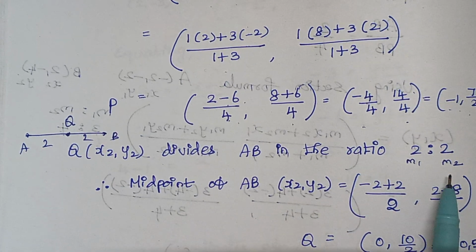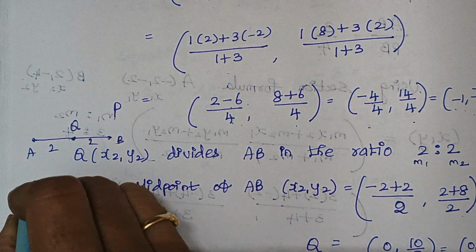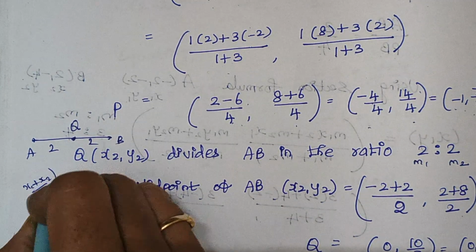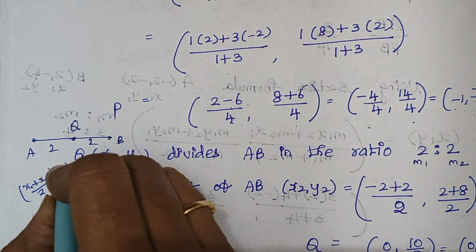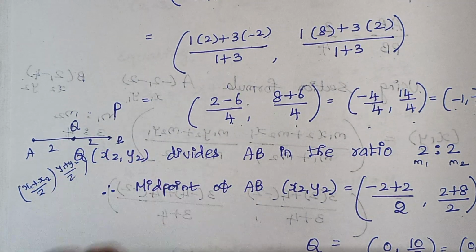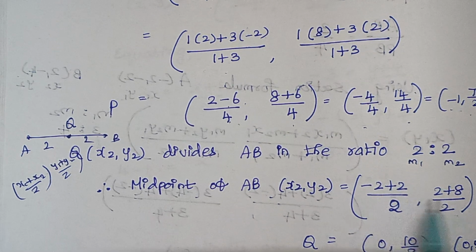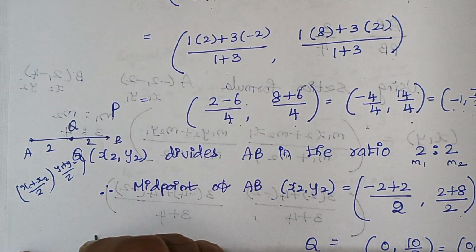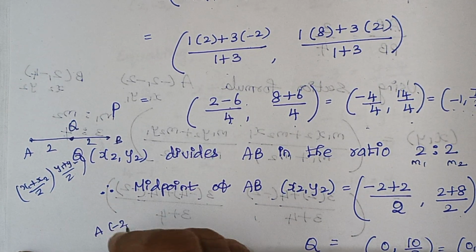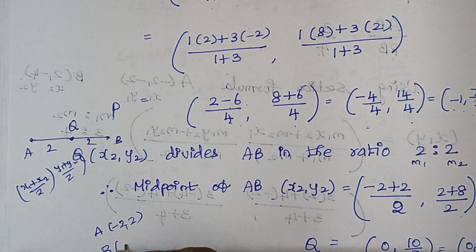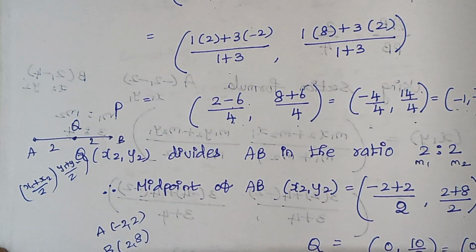So here we are making use of the midpoint formula. The midpoint is given by x1 plus x2 by 2, right, comma y1 plus y2 by 2. So here I know the values of A and B, right? Let me write it again. Minus 2 comma 2 is A and the value of B is 2 comma 8, right?